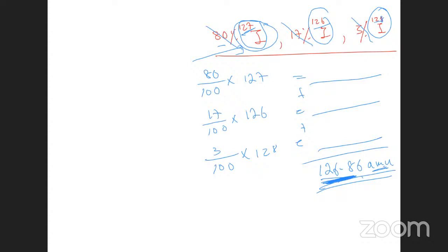Let me do another one. So we say I have 50% of 197 Au and 50% of 196 Au. That's gold.